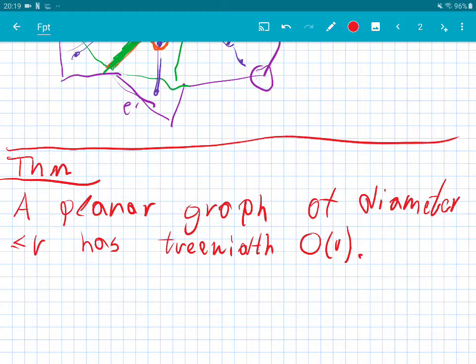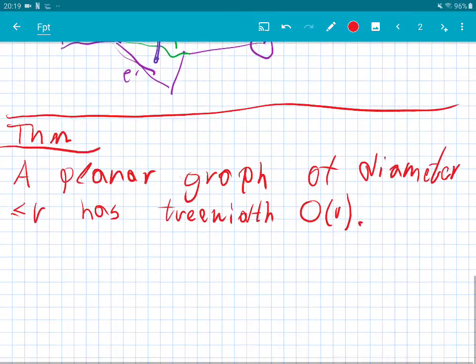So there are a lot of low-level details, but the rule of thumb is that if you have a separator of size t, and this is a hereditary property, then this immediately implies that the tree width of the graph is at most t.